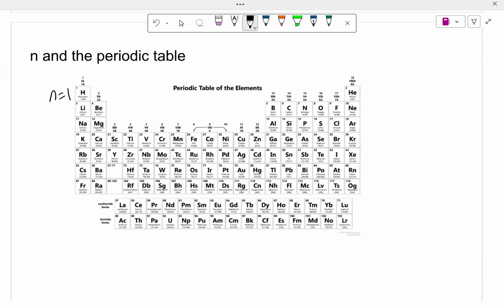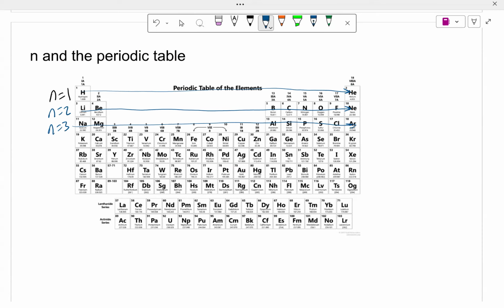So for hydrogen and helium, the highest energy level is 1. There are no other energy levels. Starting with lithium, all of these atoms have a highest energy level of 2, and then 3, and so on and so forth as you go down a column on the periodic table.